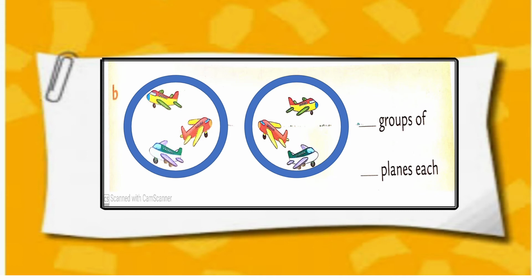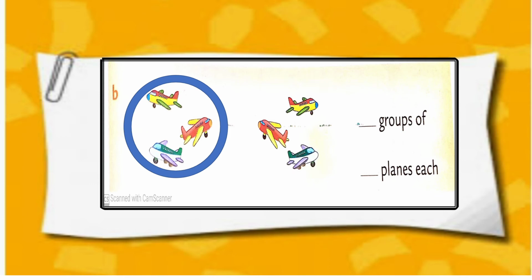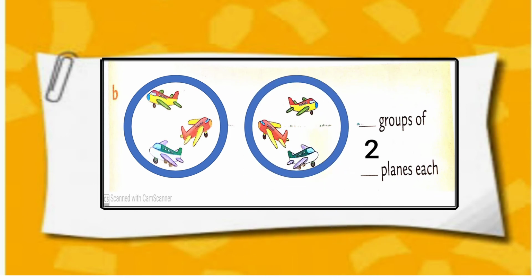Now after making the circles, we can say that there are 2 groups. So just beside, write down 2 groups of.